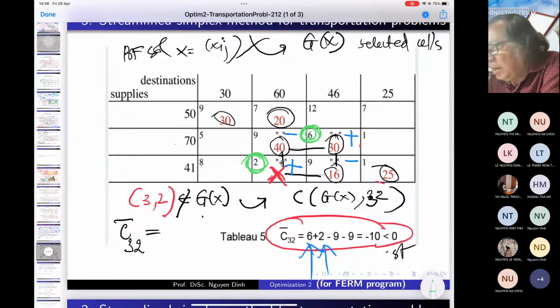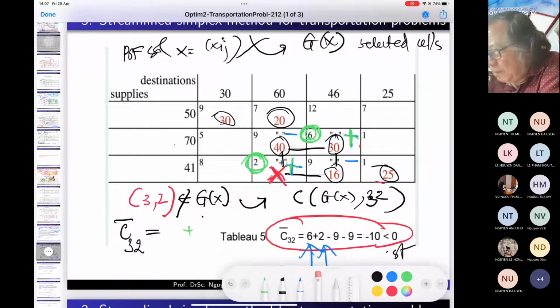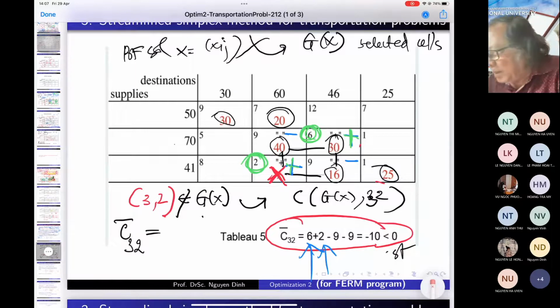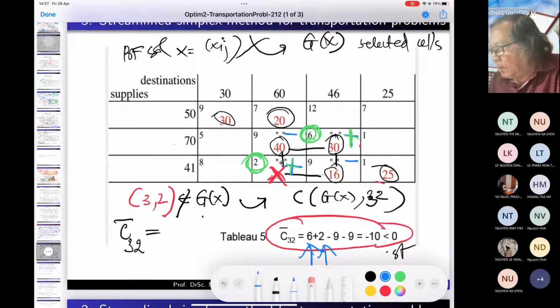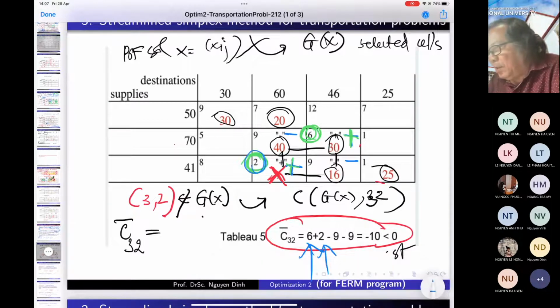So that means the costs in the plus cells, so it is C 3, 2 plus C 2, 3, and then minus 9 here and minus 9 here.